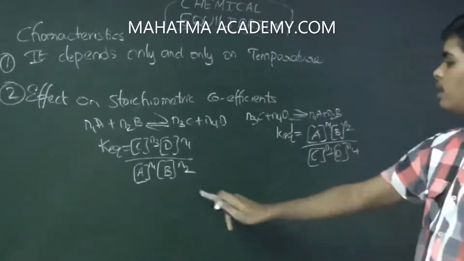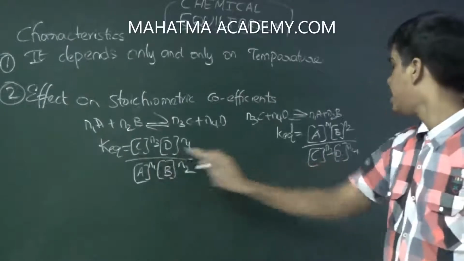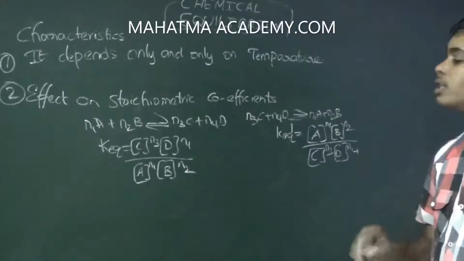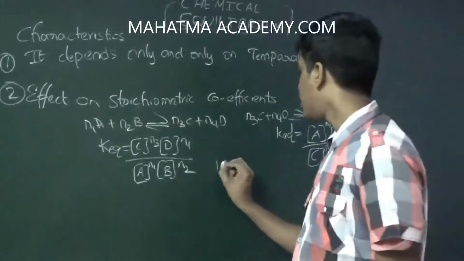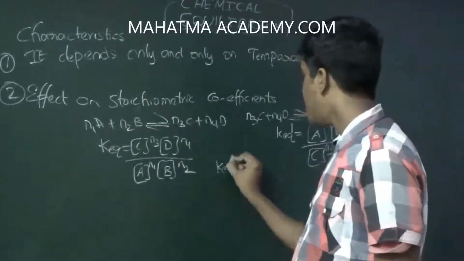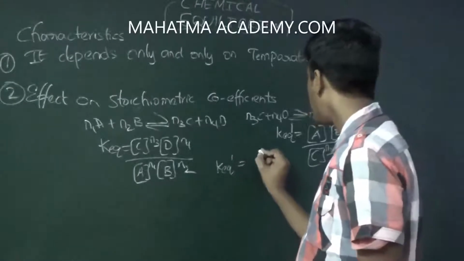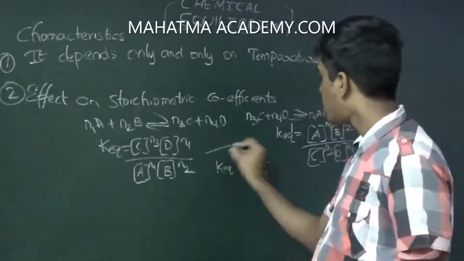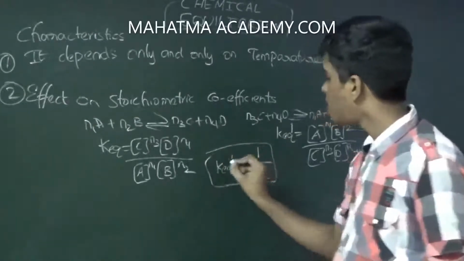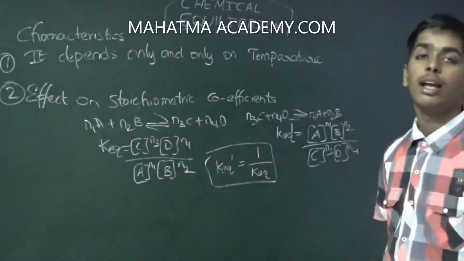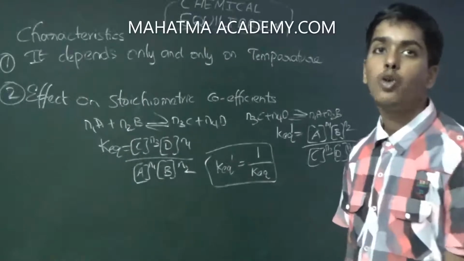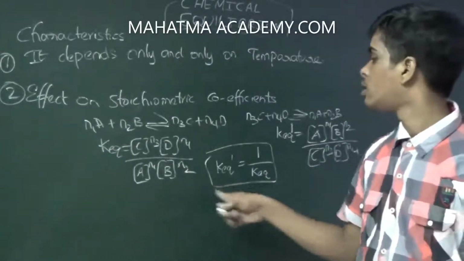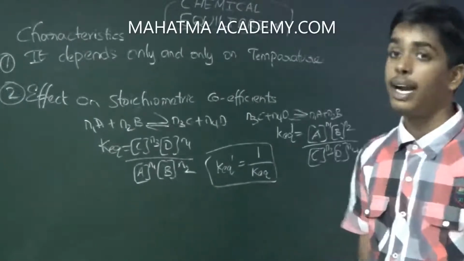Comparing, we can conclude that K' is equal to 1 upon K. So if the stoichiometric coefficients are reversed, the equilibrium constant will be inverted.